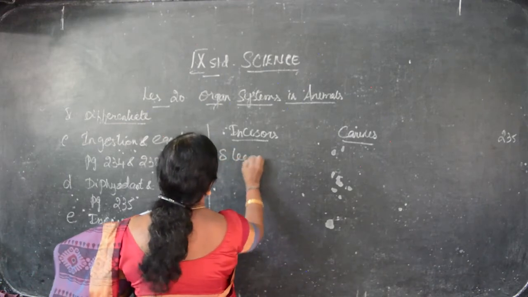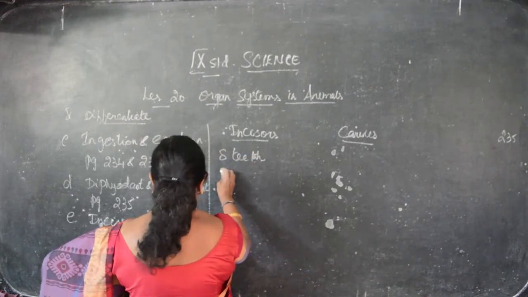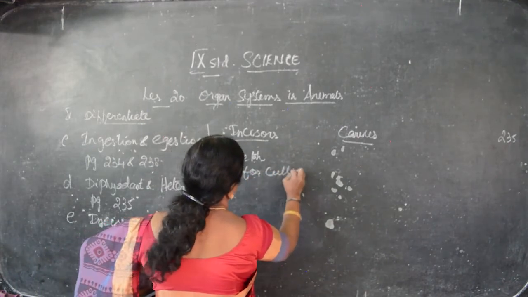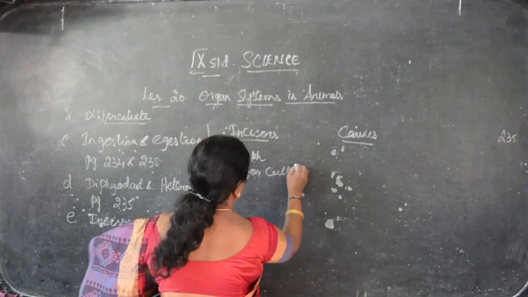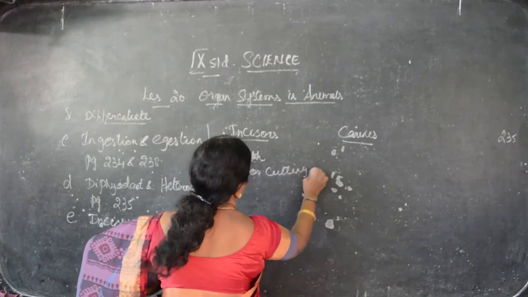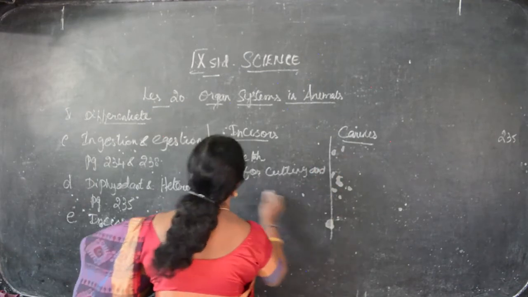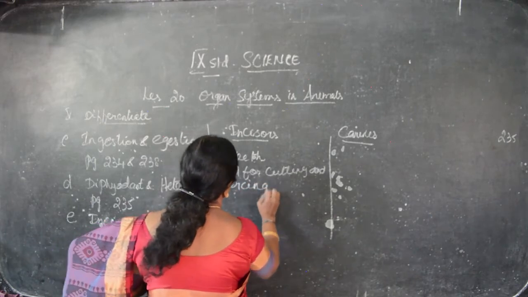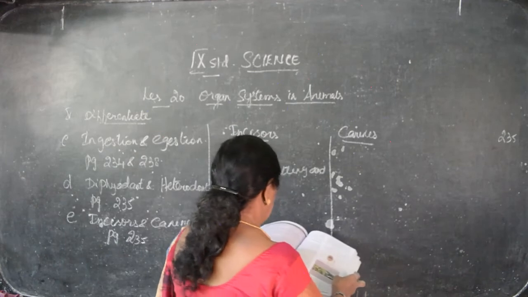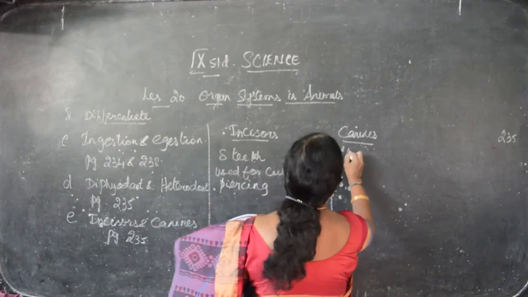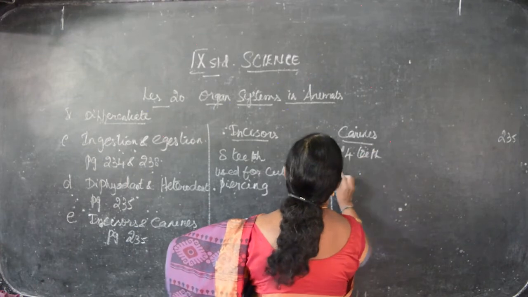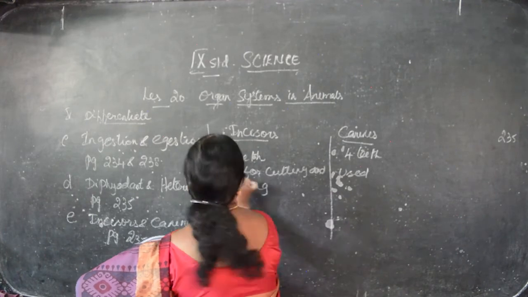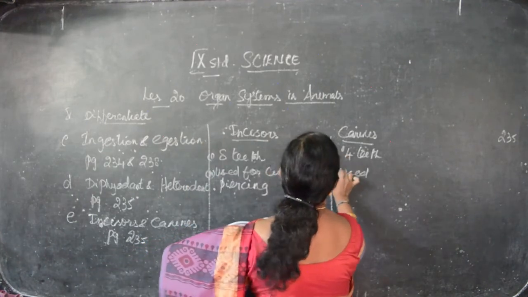Eight teeth, used for cutting and piercing. Here, canines, four teeth, used for, this is first point, this is second point. The same, like this one is first and this one is second.